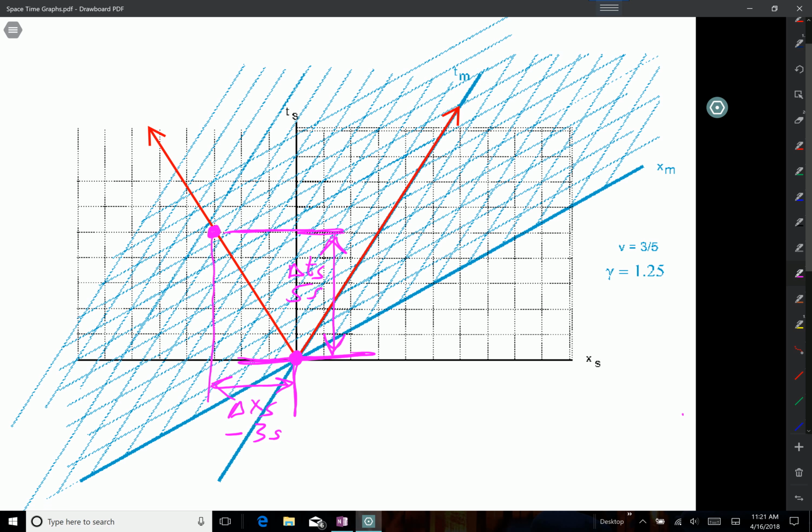You convert those to a delta TM and a delta XM in the skewed reference frame.